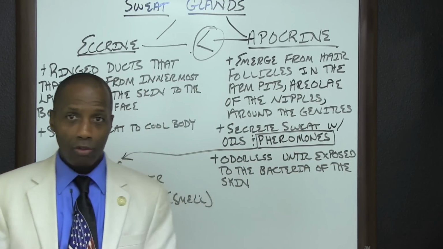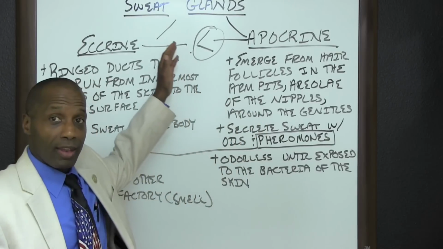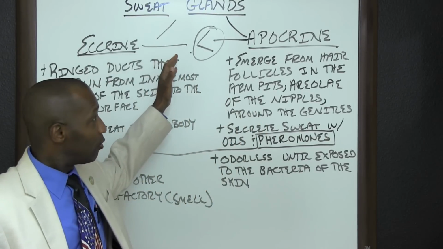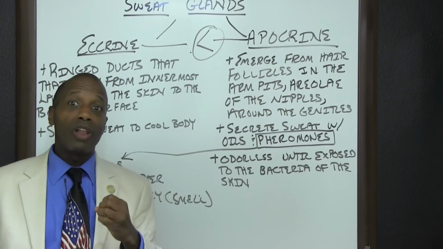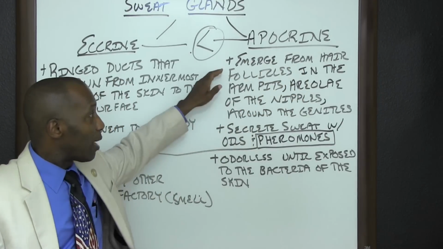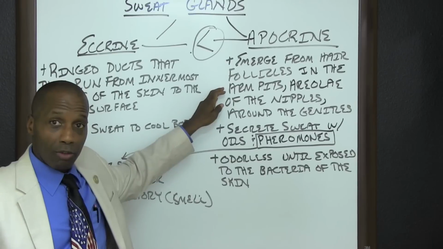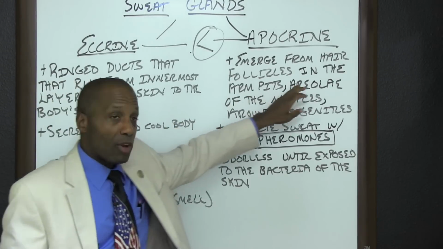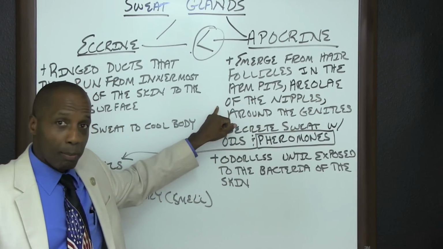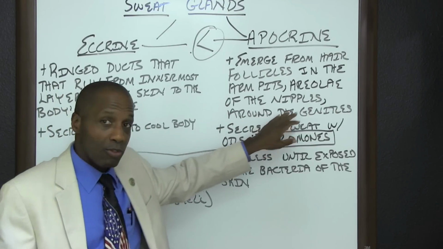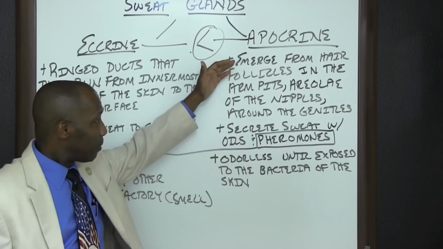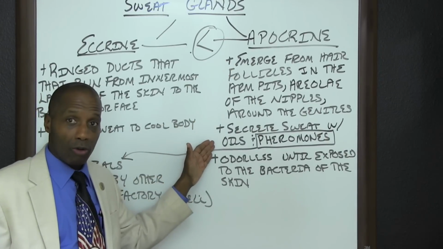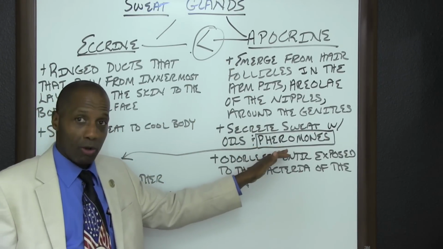Apocrine sweat glands are larger than eccrine sweat glands. Now with apocrine sweat glands, these glands emerge from hair follicles, under the armpits, areolae of the nipples, and around the genitals. Now, apocrine secretes sweat with oils and pheromones.